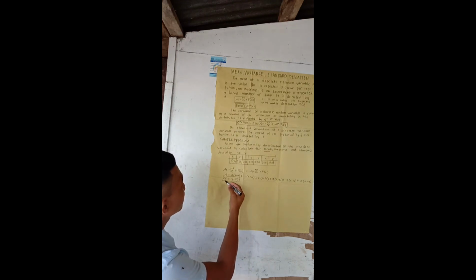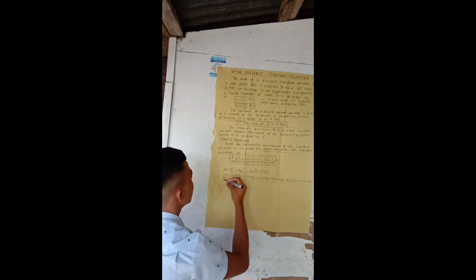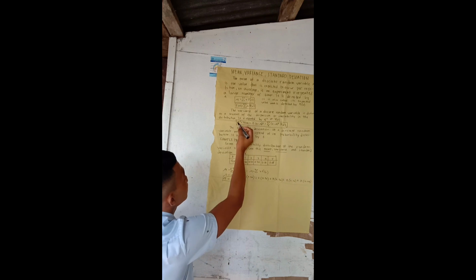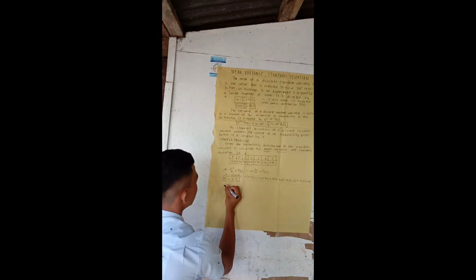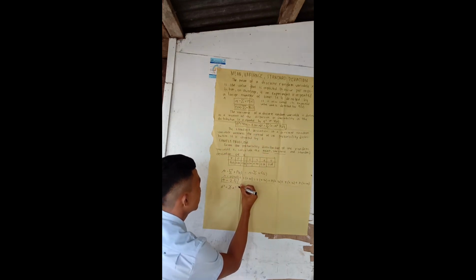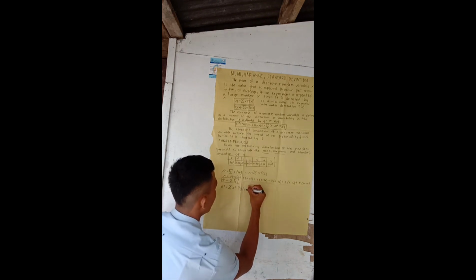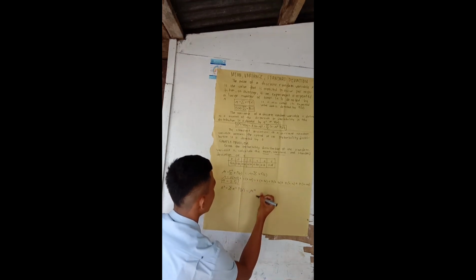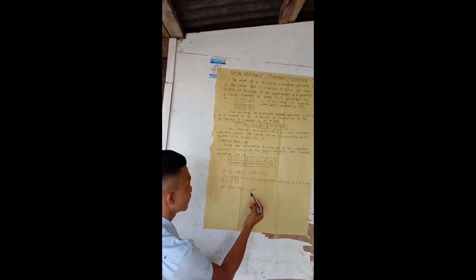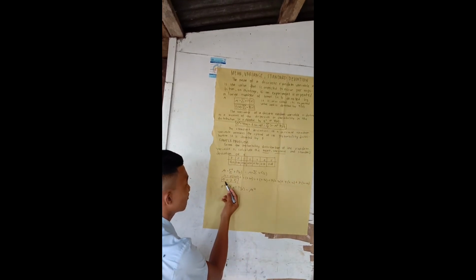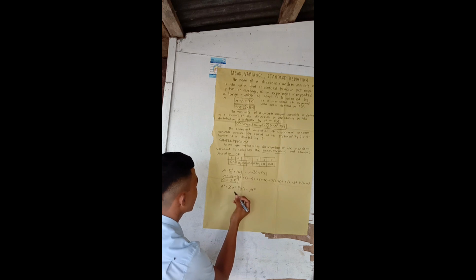Since we have the value of the mean, next is the variance. It is the equation for variance. So the summation of x squared multiplied by P of x minus mu square. So this mu, we already have the value. So this is just what we will solve first.